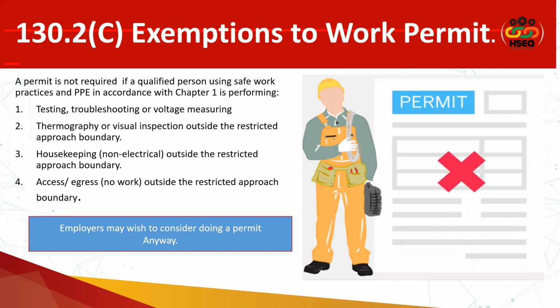So in your organization, just like the thing I talked about in article 110.4 related to normal operating condition, when you are developing your own electrical safety program, just ignore it, don't include this normal operating condition clause, and make all types of work an energized task.